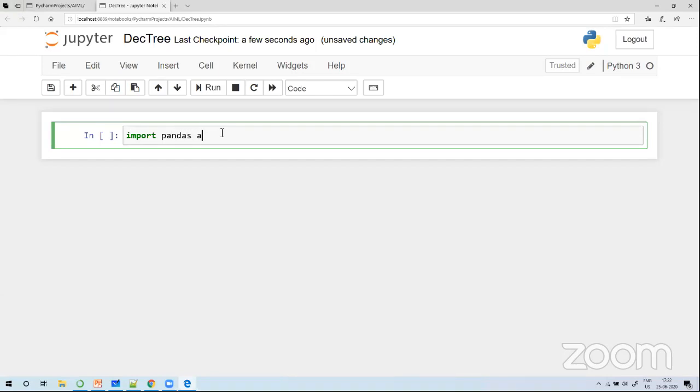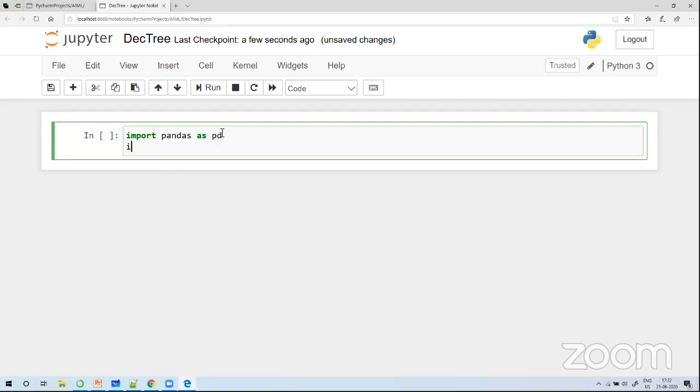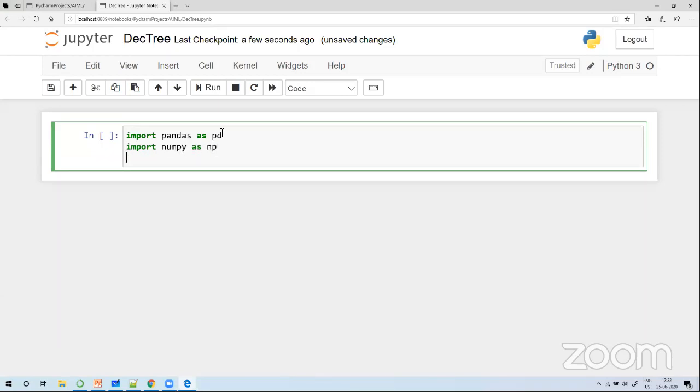Import pandas as pd. Import numpy as np. I'm not going to do any visualization here, so I'm not importing matplotlib and seaborn.